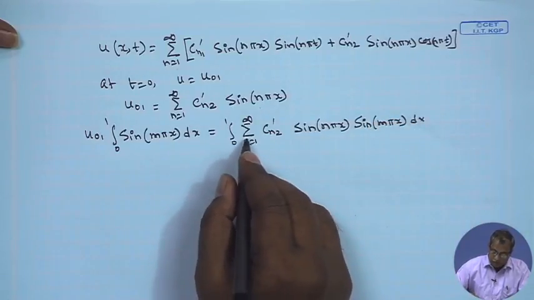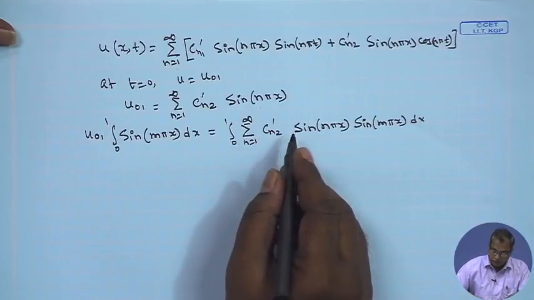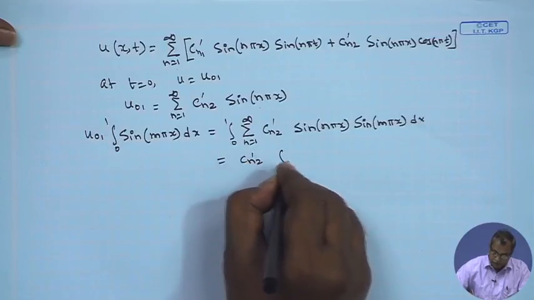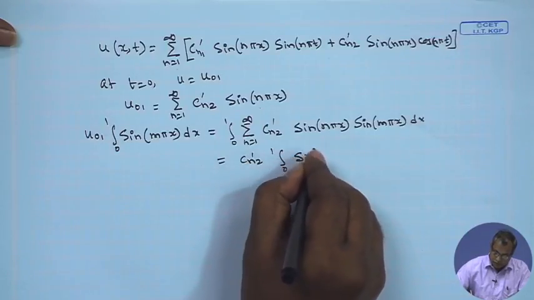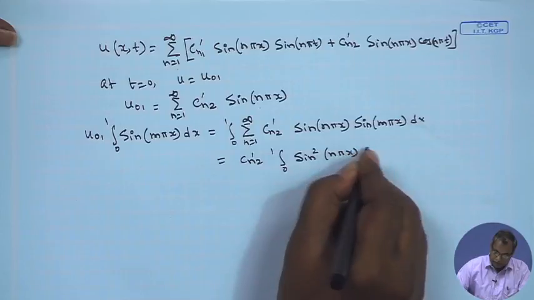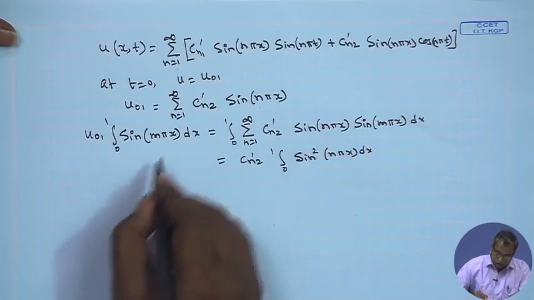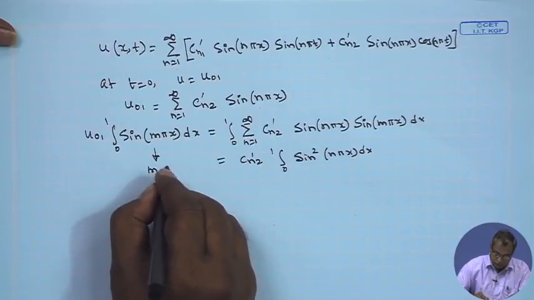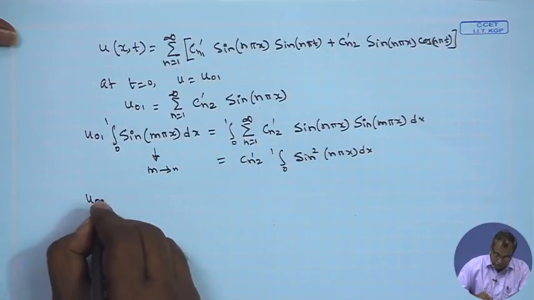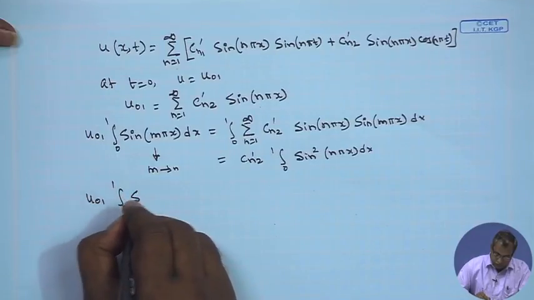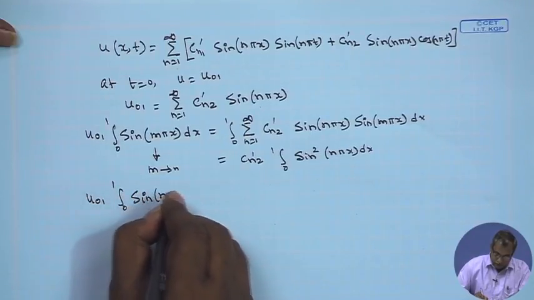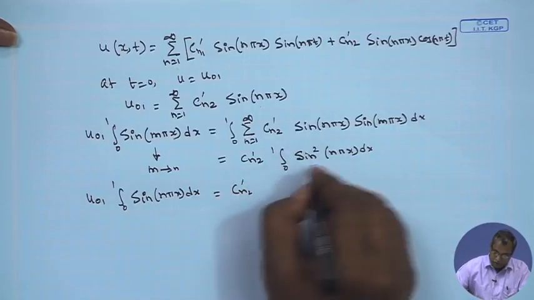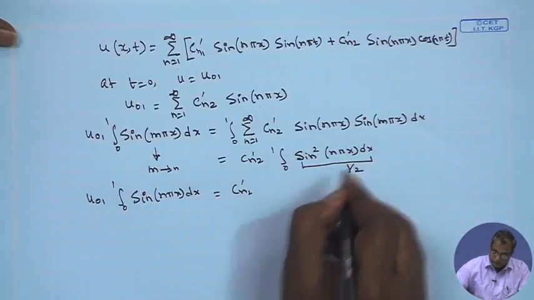If we open up the summation series, all the terms will vanish and only one term will survive, that will be when n is equal to m. So, it will be the integral 0 to 1 of sin square n pi x dx. Next, I will change the running variable on the left hand side from m to n. So, it becomes u 0 1 times the integral 0 to 1 of sin n pi x dx is equal to C n 2 prime times the integral, and we have already seen that this integral is half.